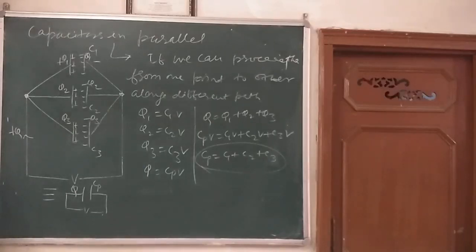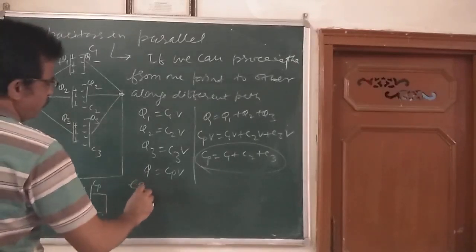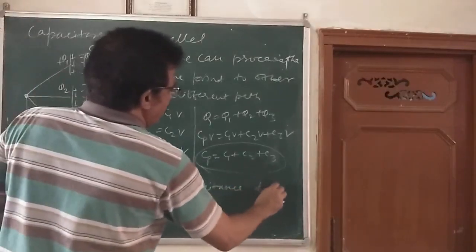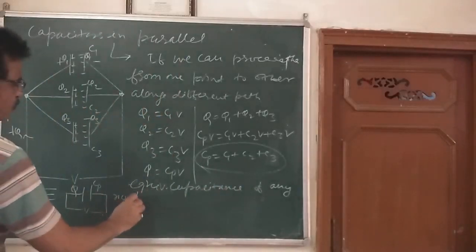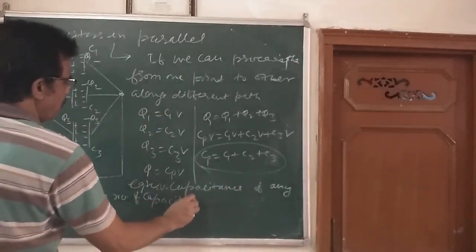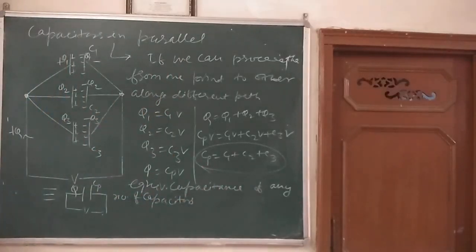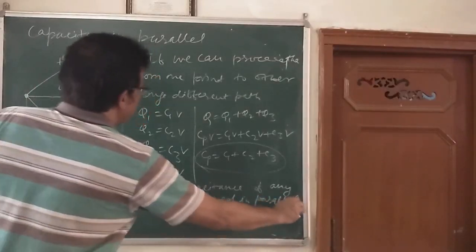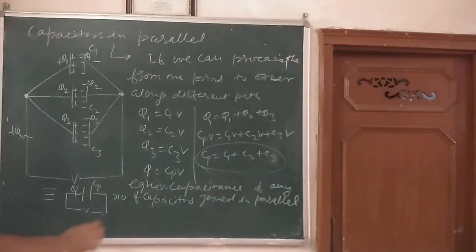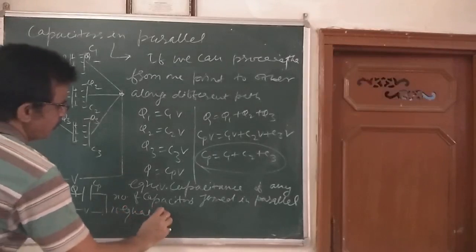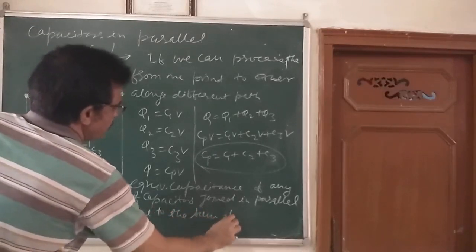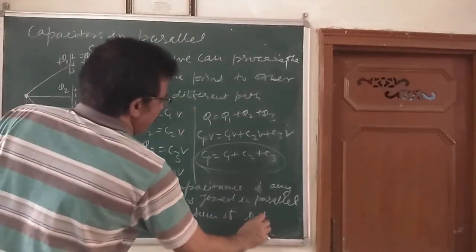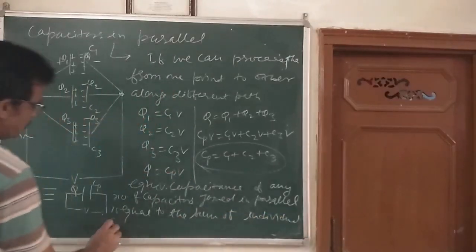So we can write equivalent capacitance of any number of capacitors joined in parallel is equal to the sum of the individual capacitances.